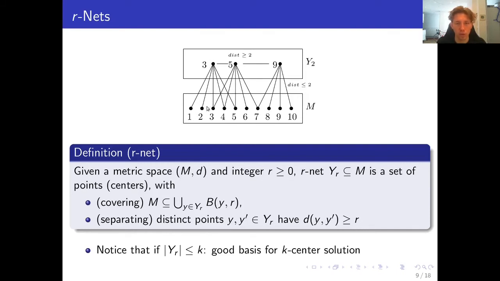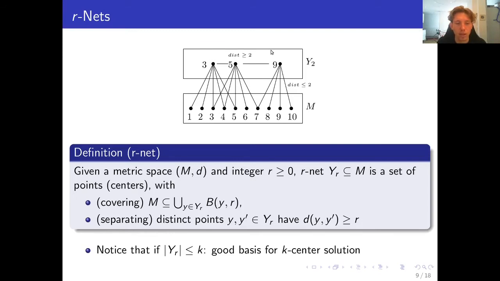So with distance 2 you can reach some point in Y_2. That's the covering property. And the second property is called the separating property, which says that distinct points y and y' in Y_r have distance at least r. So in our example, the points in Y_2 are at least 2 apart from each other.